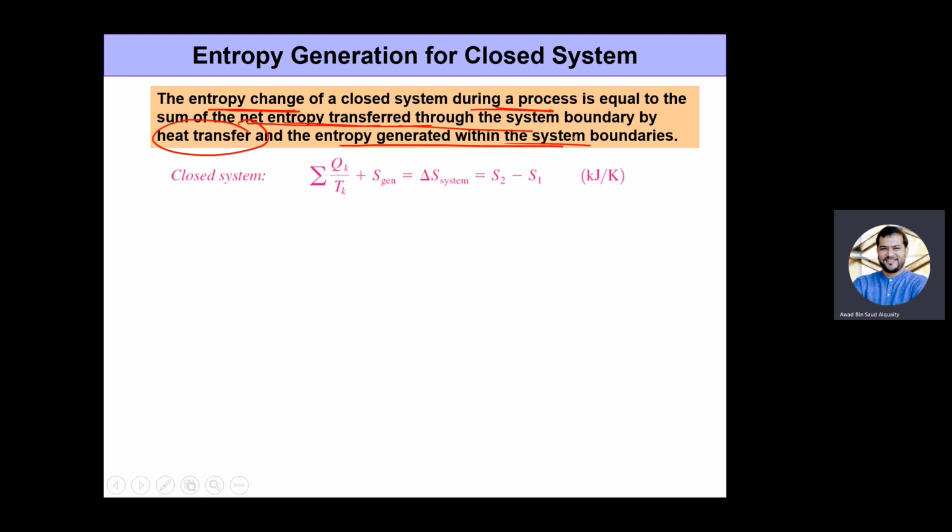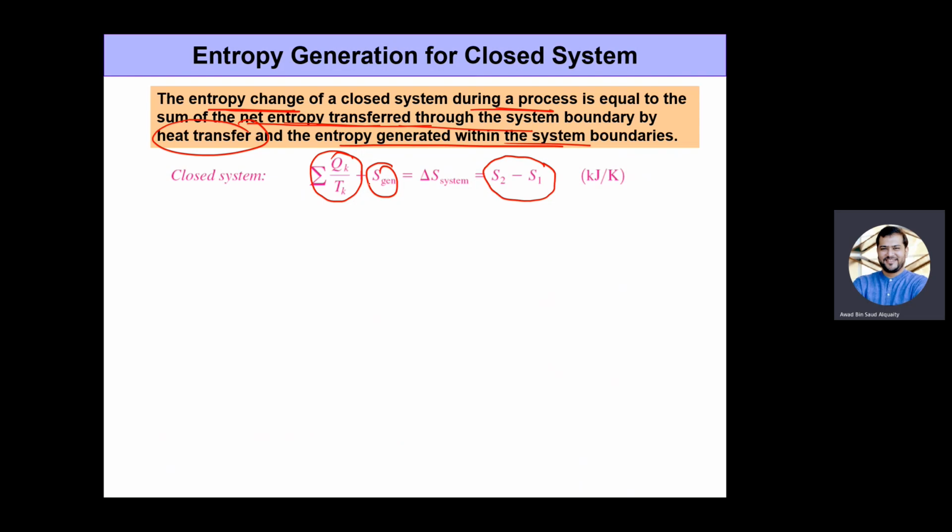So essentially what we are saying, and we have said this before, is that the change in entropy of any closed system can happen only because of, let's say, two reasons. One, entropy transferring into the system or out of the system because of heat transfer, plus the entropy generation. That's it.